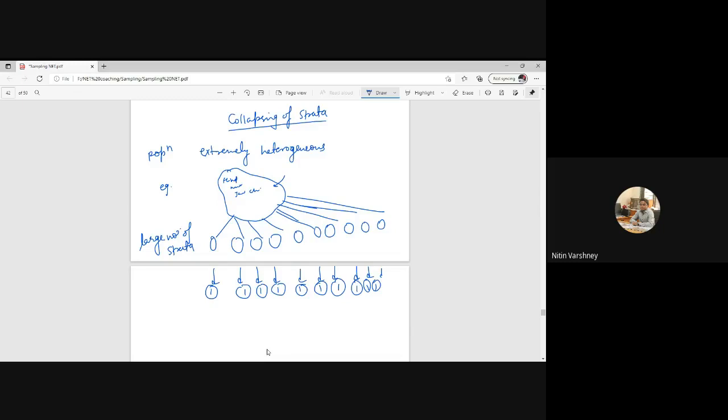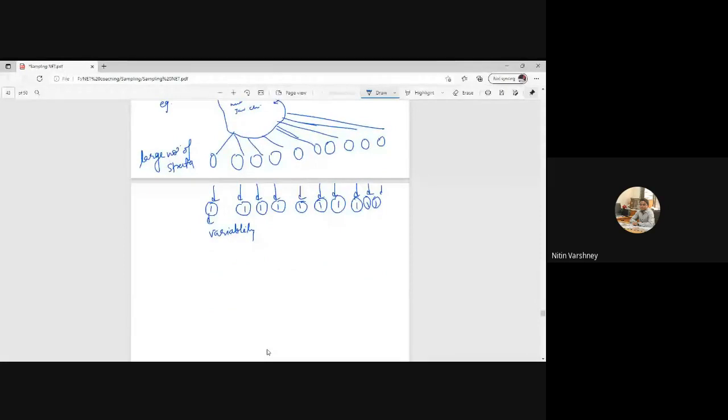So what will be the disadvantage here? If there is only one unit, then what will the variability be? There is no variability. We cannot calculate variance for a single unit. So one unit is selected for each stratum. In such a case, it will not be possible to estimate the variance of the estimated mean.